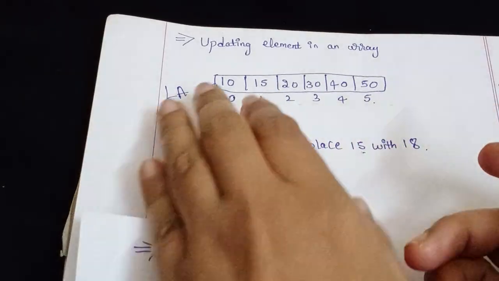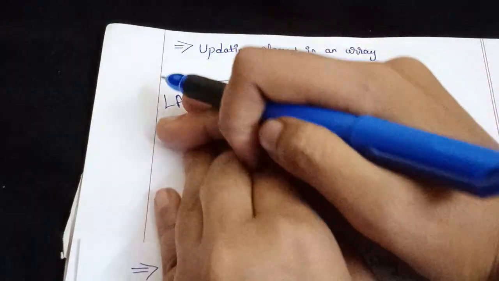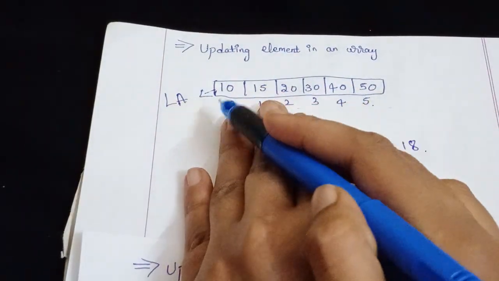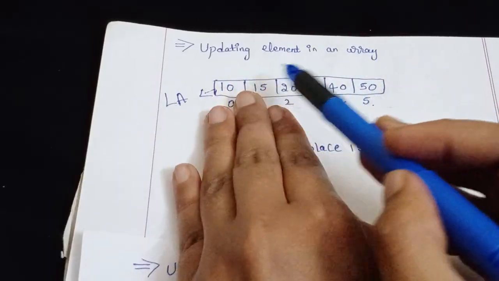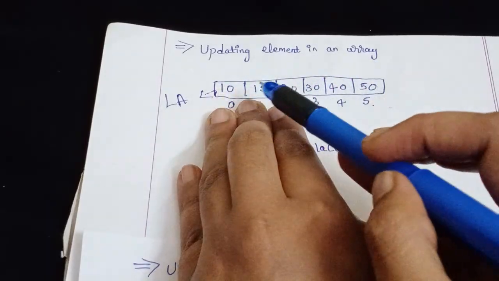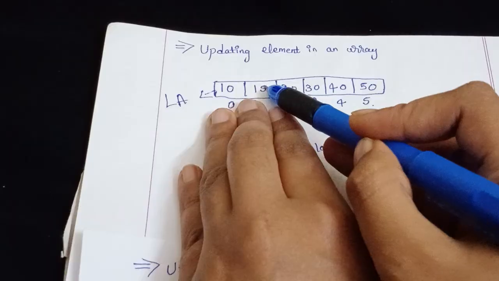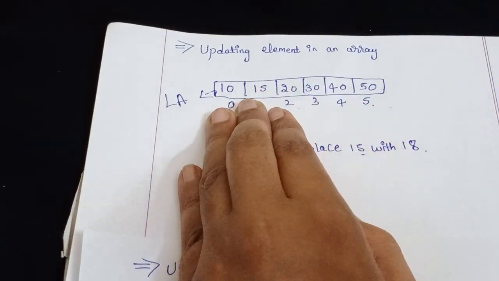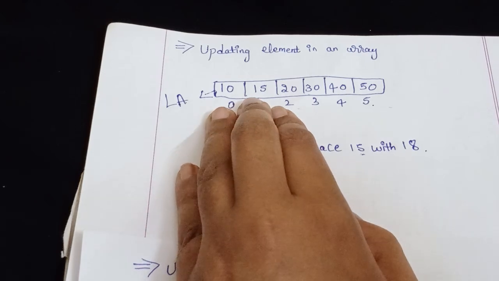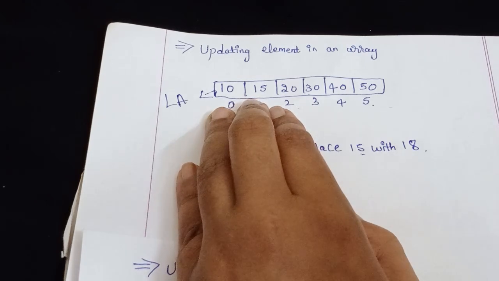But as humans we don't see the index value, we just see the numbers, for example 10, 15, 20, 30, 40, 50. So if you randomly ask at what position 15 is coming, it's at the second position, right? So while updating you don't know at what index it is. In human counting, the 15 which I want to replace is at position 2.